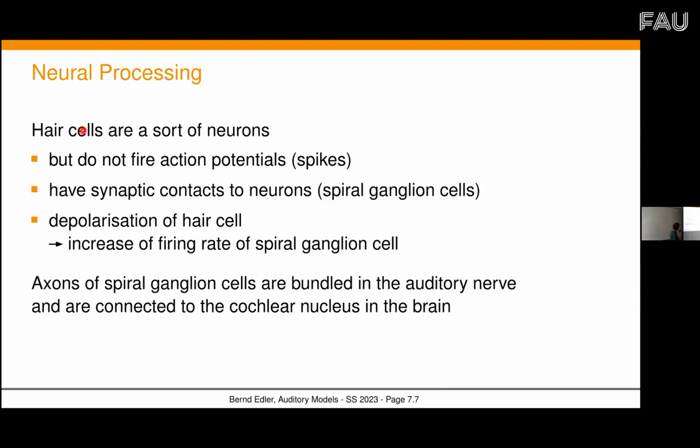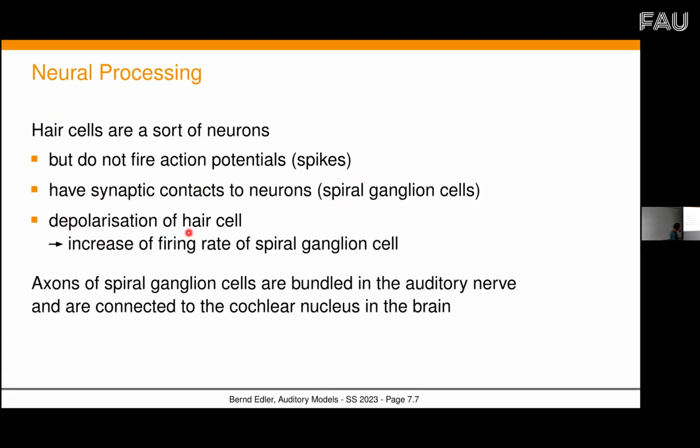So the hair cells are some kind of neurons, but not really neurons. They don't fire action potentials, which are also called spikes, what we'll also see later. But they have synaptic contacts to neurons, which are then the so-called spiral ganglion cells, because they are the ones which are in the auditory nerve, go through the center of this spiral, where they are connected to the auditory nerve.